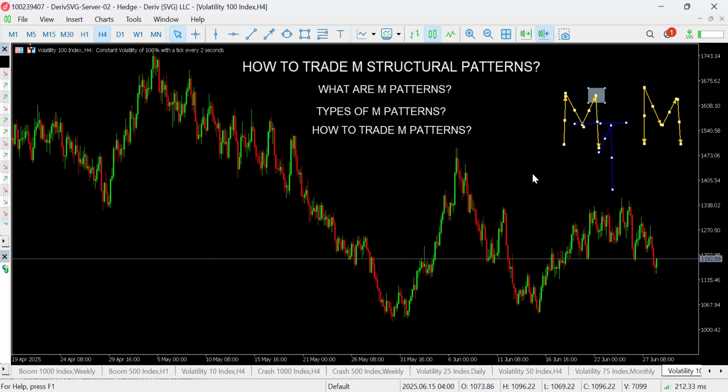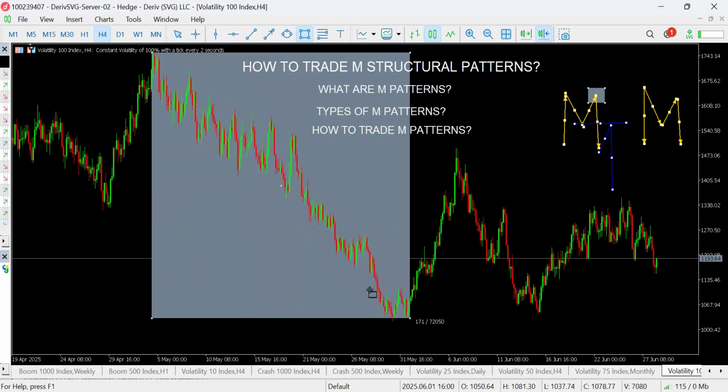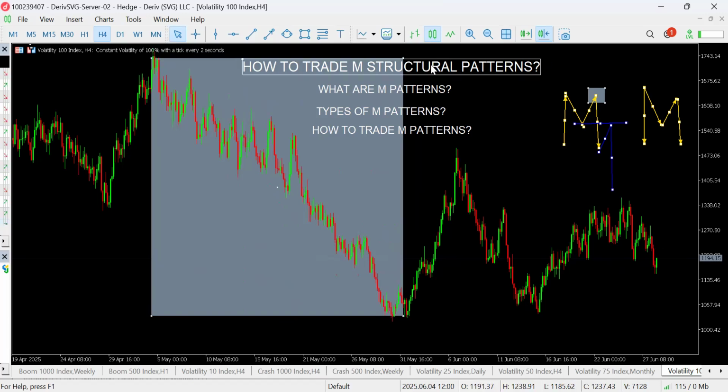So now that we've seen the theoretical aspect of it, let's go to the charts to see the practical aspect. Because we've just stated that M patterns are mainly prevalent in bearish markets or downward moving markets, let's go to the line charts. We'll be looking at these markets.